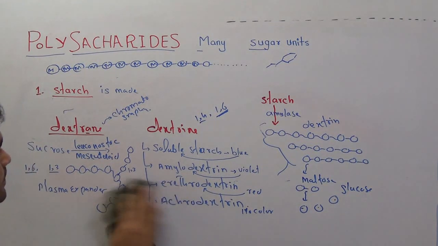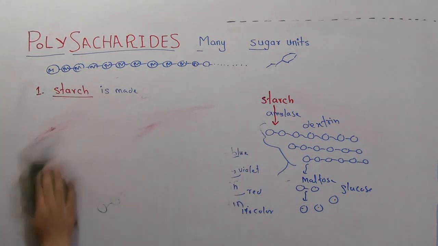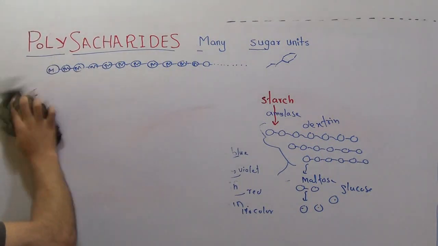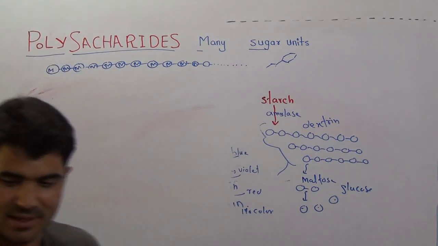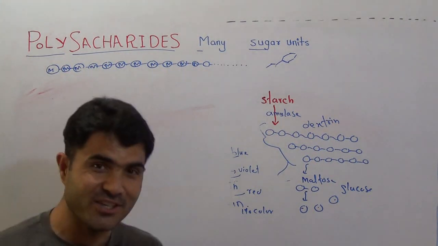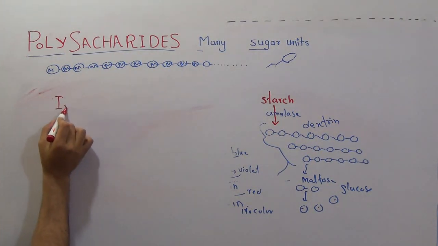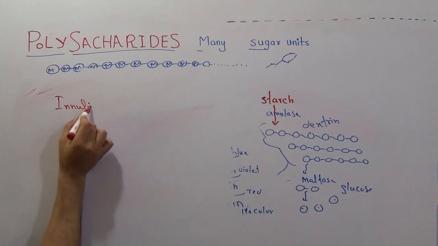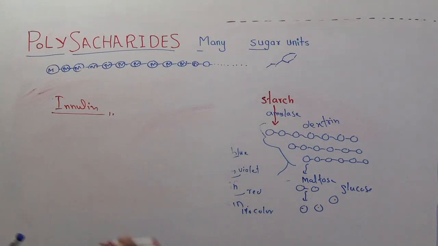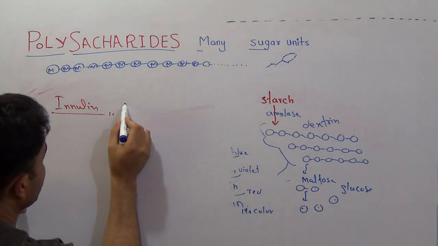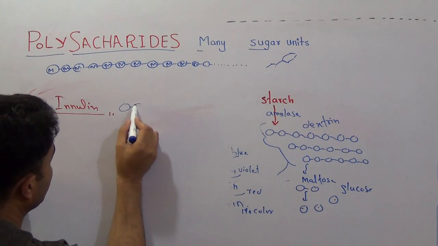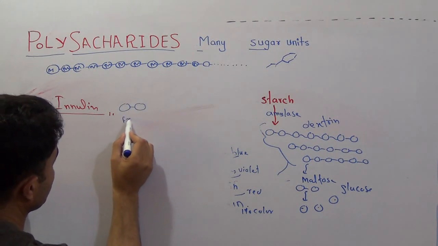Okay, so now it's time to get to inulin. This homopolysaccharide is a little bit lengthy, so you have to be patient. What is inulin? Inulin is also a homopolysaccharide, but you will see that there are many repeating units called fructose.